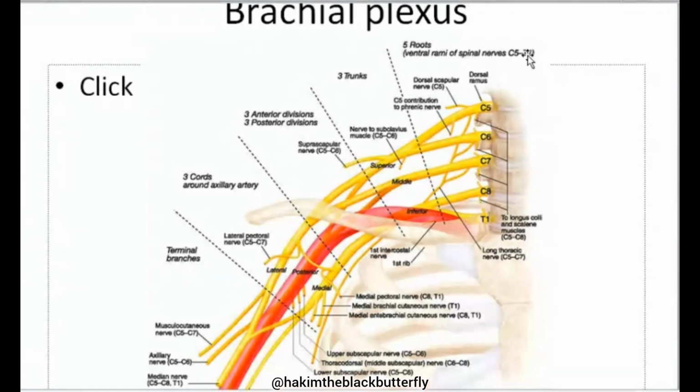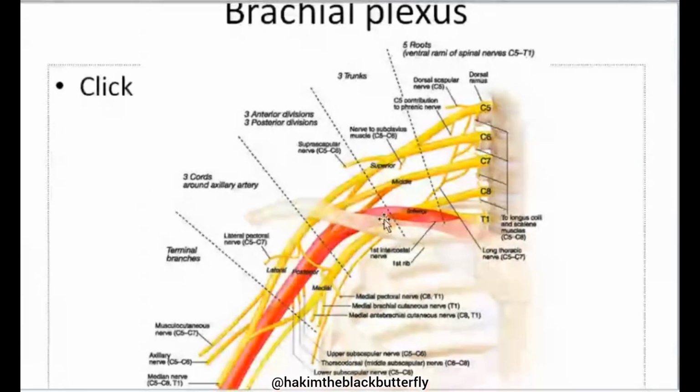Hope you are following. Now I want you to see this structure which we have colored red. The structure we have colored red is a blood vessel, but it is mixed with the brachial plexus on its course. That is why we have to put it in context so that you know that it exists.